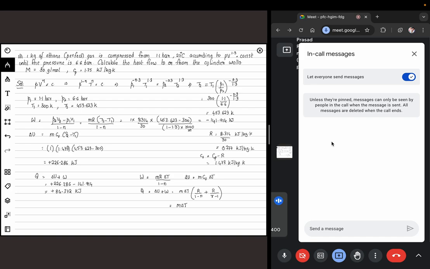So how did I get this Cv? Because you can use the relations Cp minus Cv equal to R and Cp by Cv equal to gamma. Using both these relations, you can calculate Cv to be R by gamma minus 1.